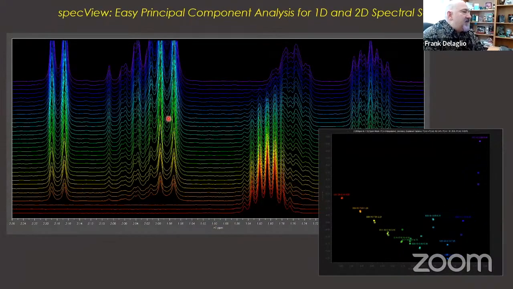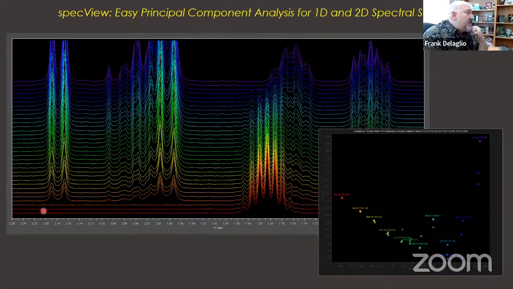But then also there's a second graphical interface in this software called SpecView, which is specifically for viewing 1D and 2D spectral series. The main purpose of this interface is to be able to look at a spectral series and quickly perform principal component analysis on a region.